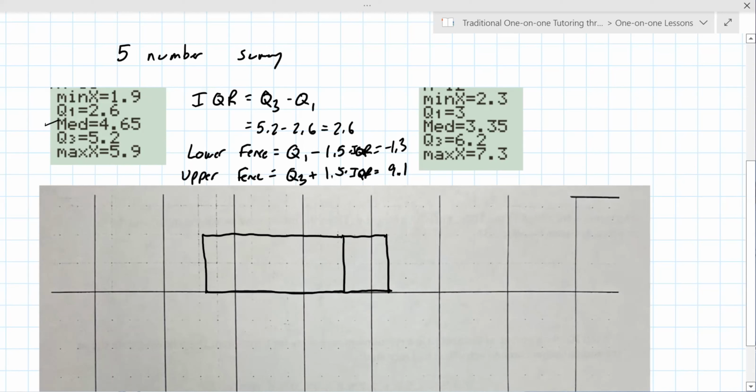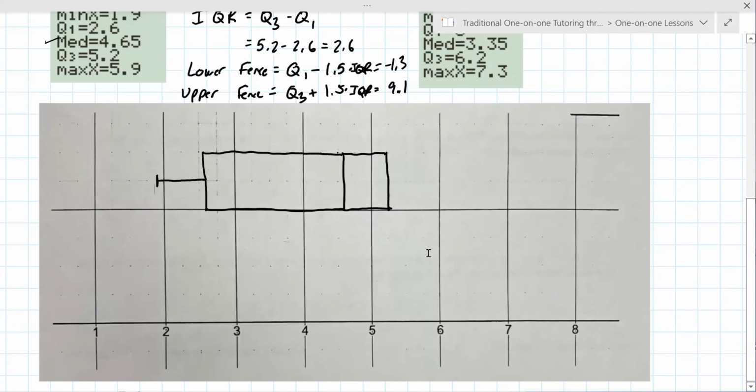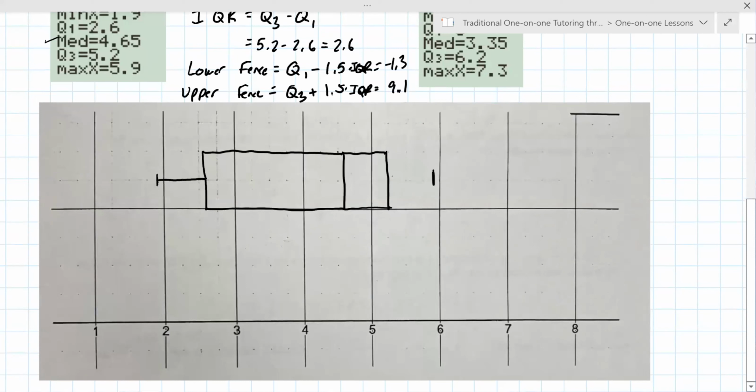So to finish this drawing off, you go to your min, which is 1.9, and you put sort of a smaller line. And that's the whisker. And then 5.9 is over here somewhere, a smaller line. Like that. So the idea is it's a box and then these two whiskers coming out.